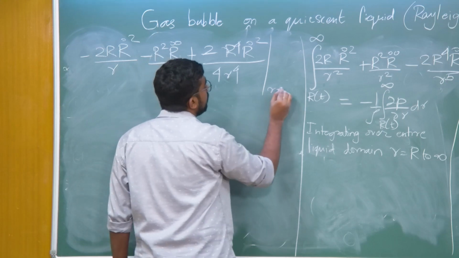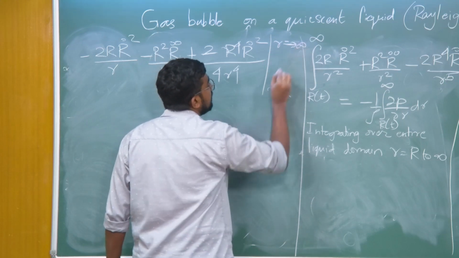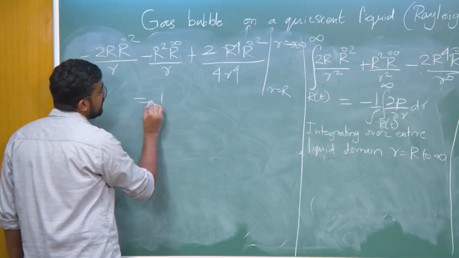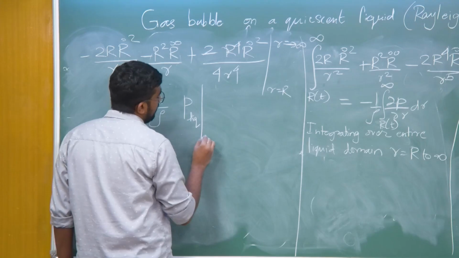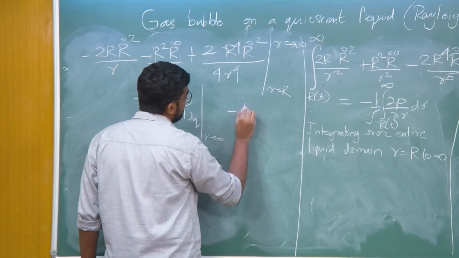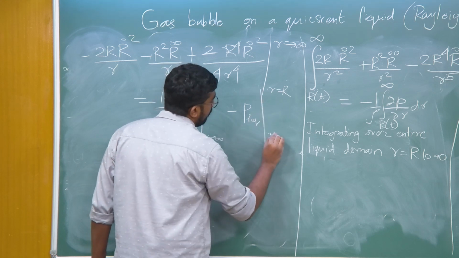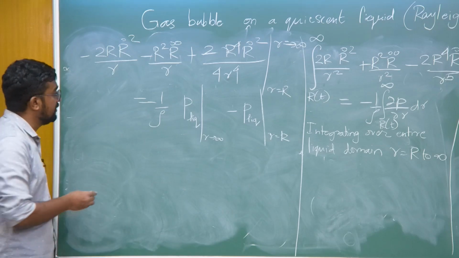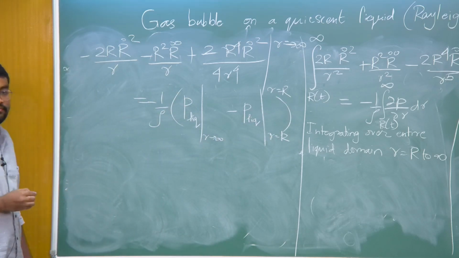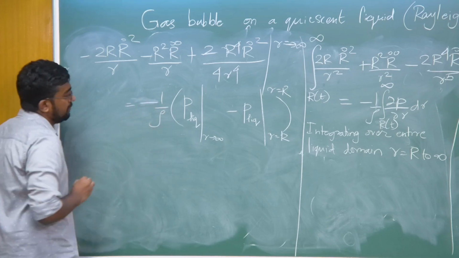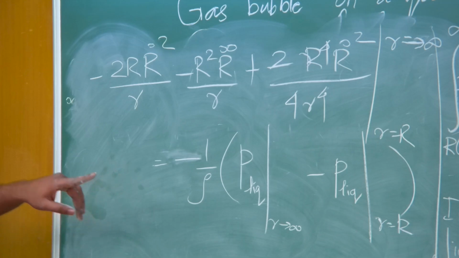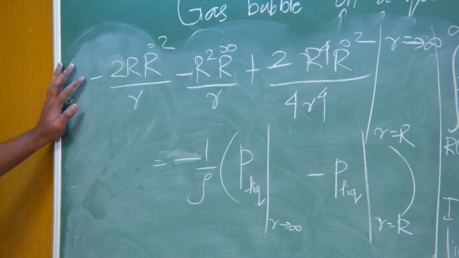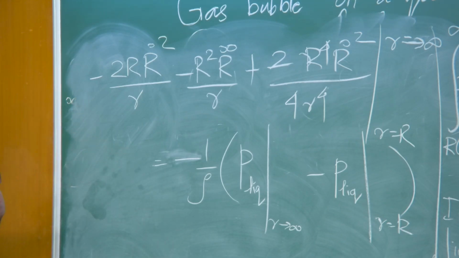From r equal to capital R to r tending to infinity, this will give us minus 1 by rho, pressure in the liquid side at r tends to infinity minus pressure in the liquid side at r equal to capital R. All we did is we simplified Navier-Stokes by substituting ur equal to R square R dot by r square, and then integrated over the entire liquid domain to remove the r dependency.